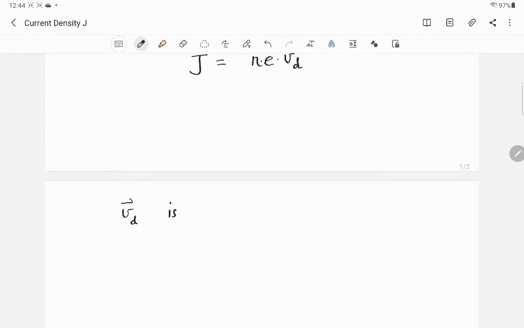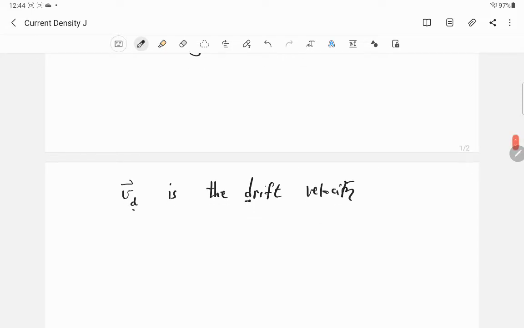V sub D is what's known as the drift velocity. Lowercase d is for drift, and it's a velocity, and notice that it's a vector, you see the vector symbol above. Velocity in general is a vector quantity because direction is important. This is the drift velocity of the charge carriers of the electric current.